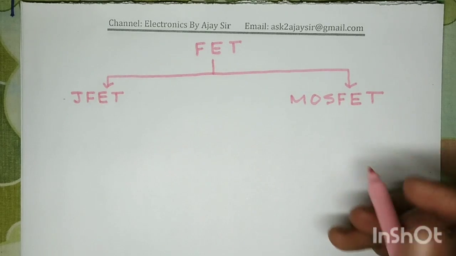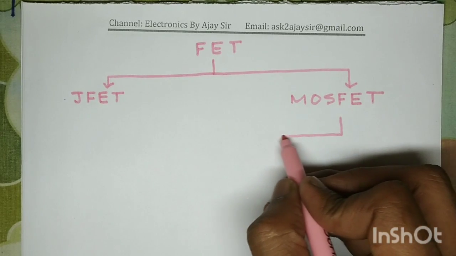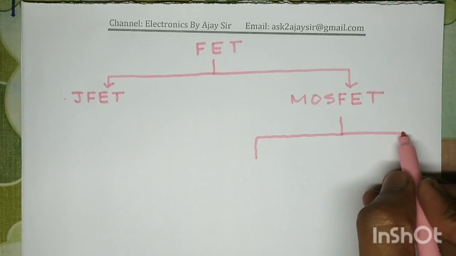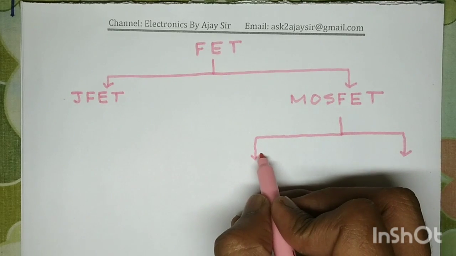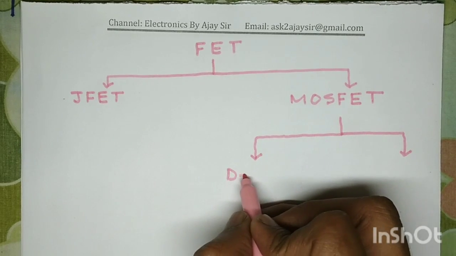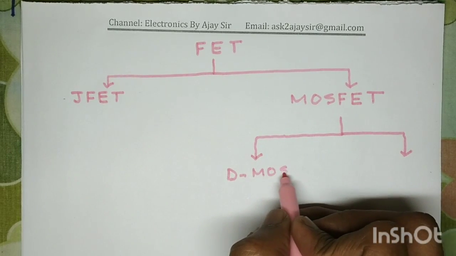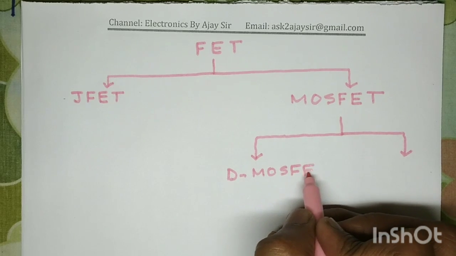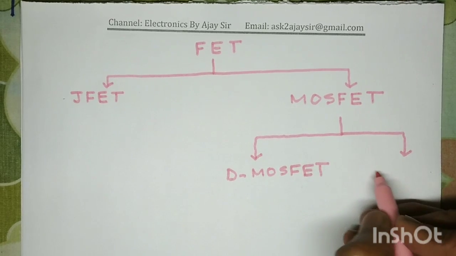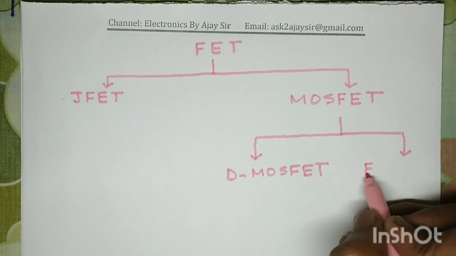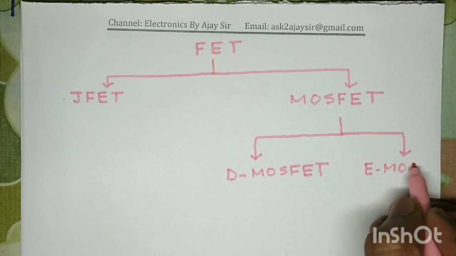MOSFET is of two types: depletion type MOSFET, in short DMOSFET, and enhancement type MOSFET, in short E-MOSFET.